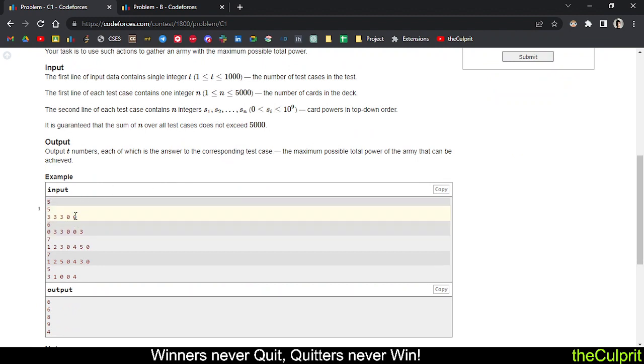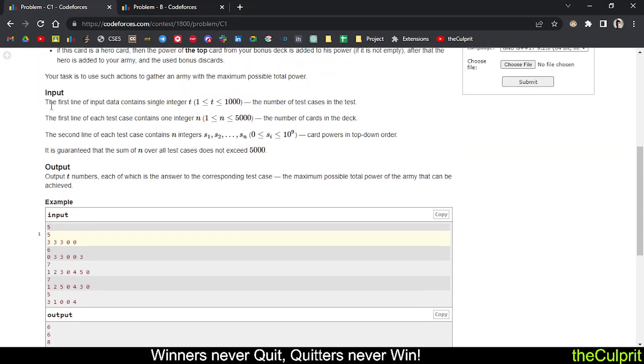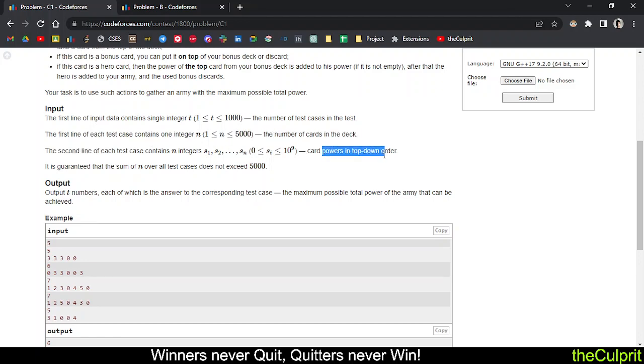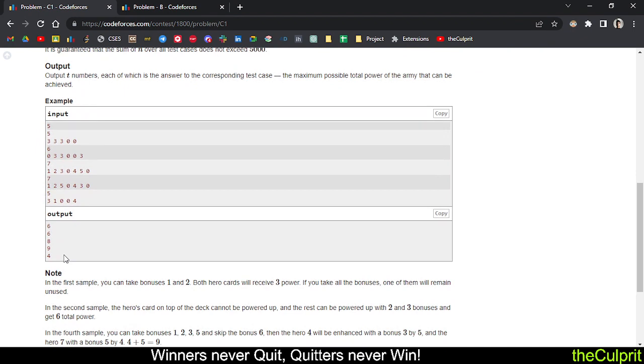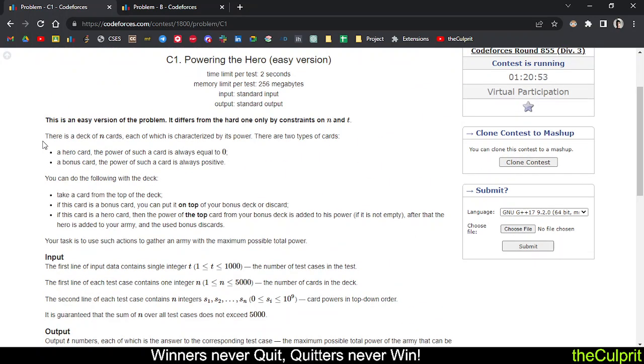Essentially, this is the top of the card, which is the cards' power in top down order. This is the top card. Okay, I can take these cards and put them.